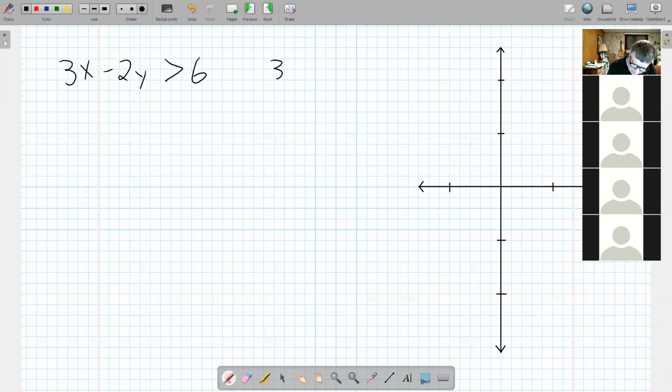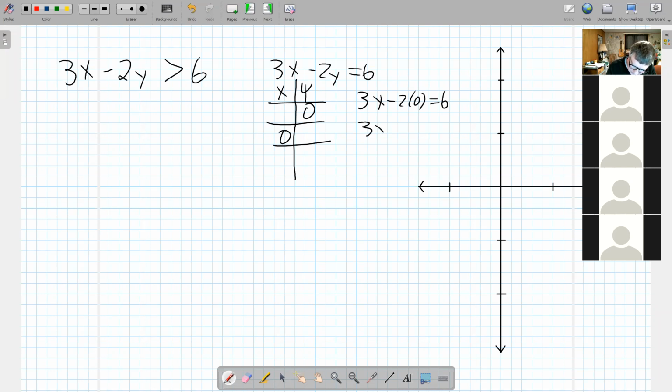Okay, so now I'm going to look at 3x minus 2y equals 6. Okay, and I'm going to make a table. And again, I'm going to use X and Y intercepts. I don't have to, but I'm just doing that for now. If y is 0, we get 3x minus 2 times 0 equals 6. 3x equals 6, x equals 2.